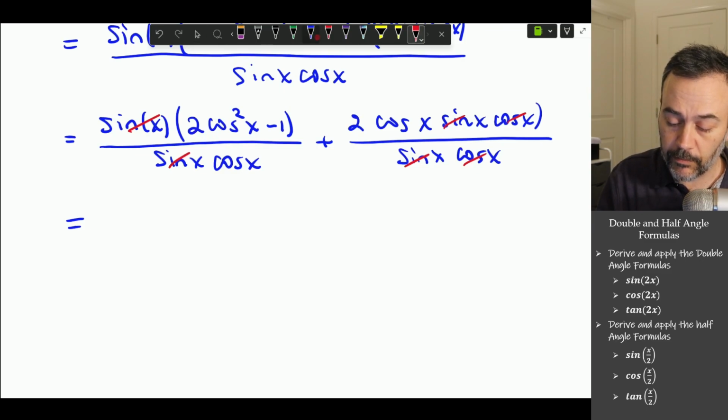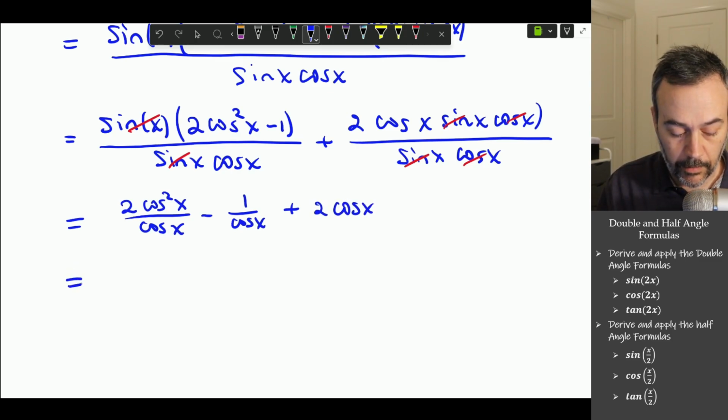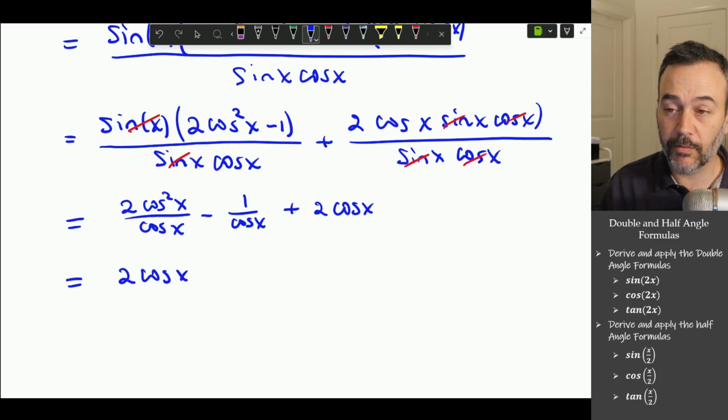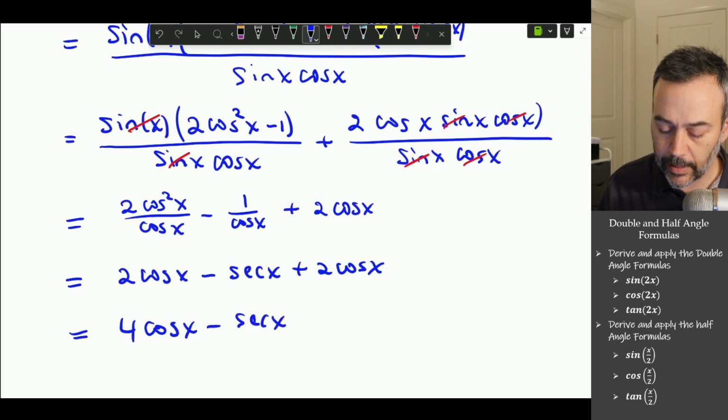So I can do 2 cos squared x over cos x minus 1 over cos x plus 2 cos x. One factor of cosine cancels with one factor in the top. Minus secant x plus 2 cos x. And we've done it. 4 cosine x minus secant x.